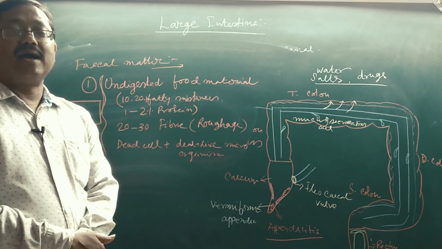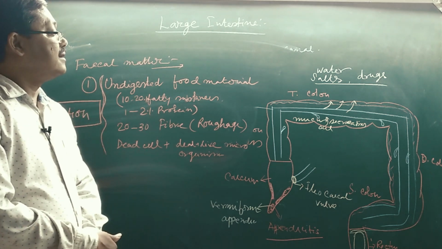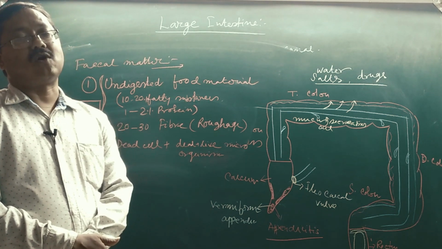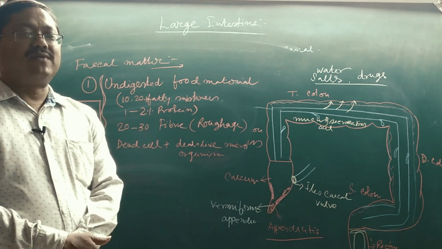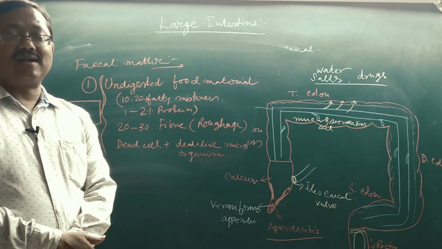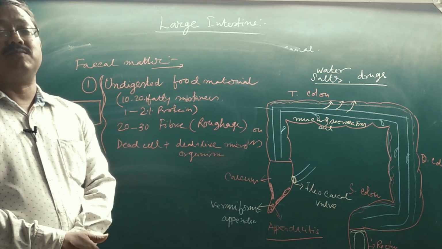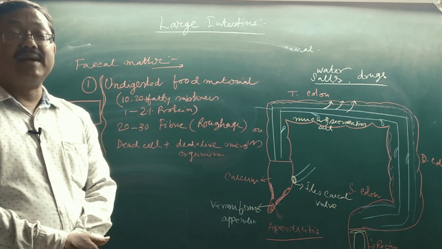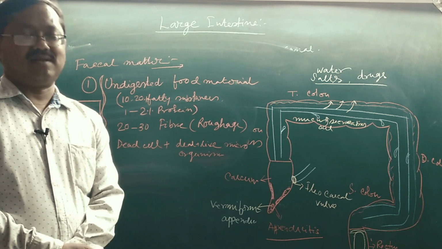Next, I will teach you about the assimilation process of our digestive system. The substances which are absorbed and enter into our blood ultimately reach the liver cells and other cells.